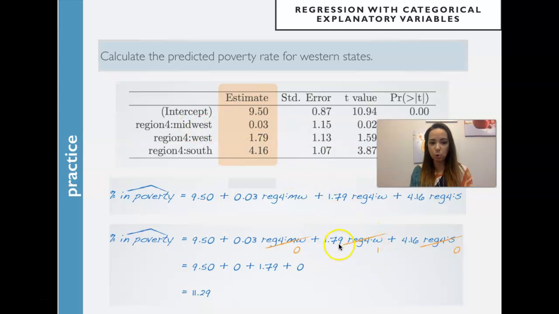So this number will go into the prediction, and we'll call this 0. So what we have in the end is 9.50 plus 0, because this particular term here will go to 0, plus 1.79 plus 0. So the poverty level is 11.29, which is exactly 1.79 greater than what is expected in the Northeast.